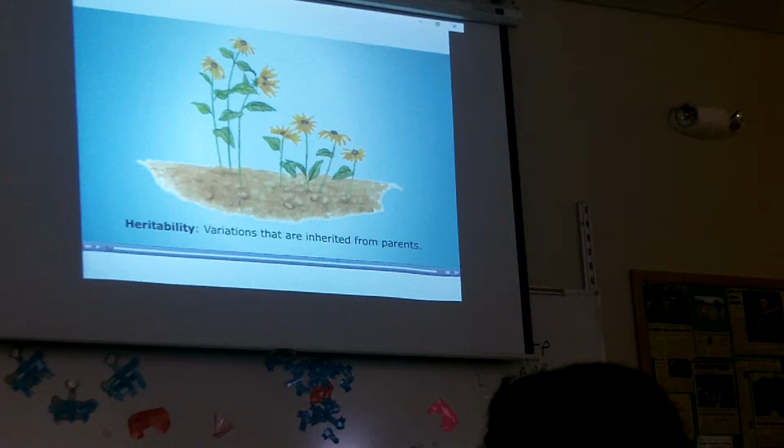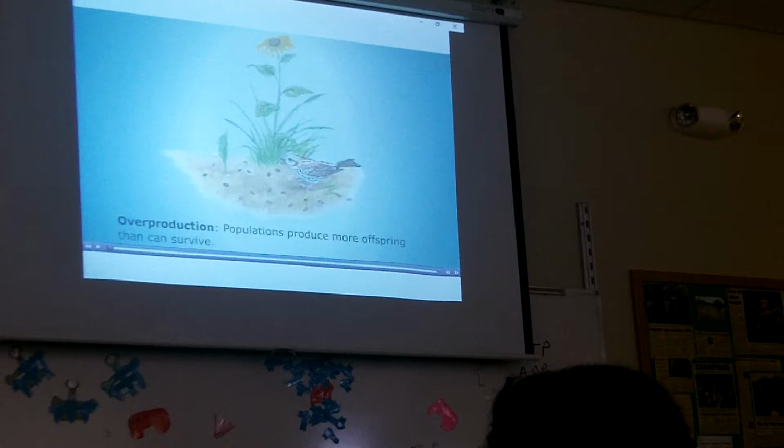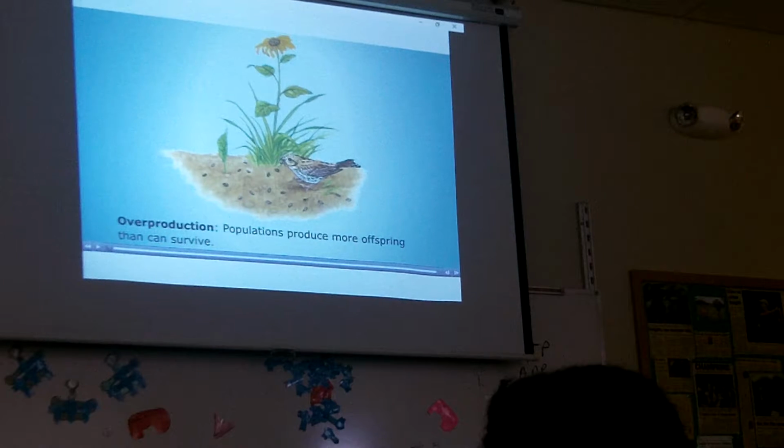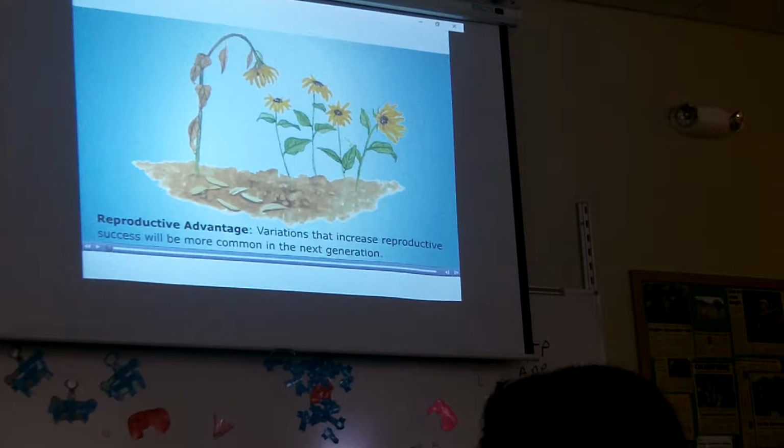Heritability is the principle that explains how variations are inherited from parents. Overproduction is the principle that explains how populations produce more offspring than can survive. Reproductive advantage is the principle that explains that some variations allow the organism that possesses them to have more offspring than the organism that does not possess them.